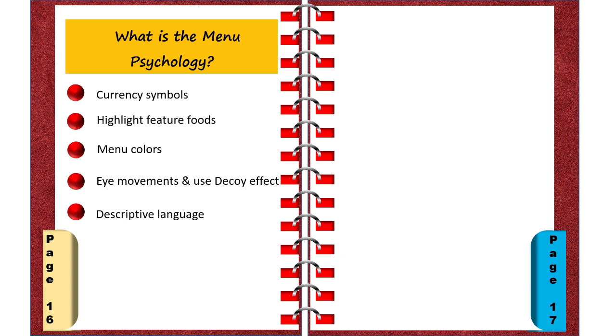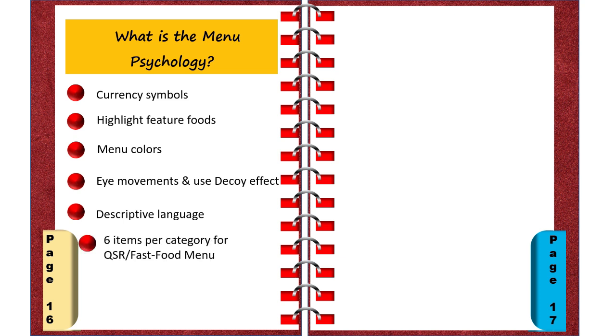Try to use language which is not going beyond the heads of the customer. Understandable, catchy words, people will automatically get attracted towards those dishes. So you have to think about the language. Right coinage of the words will also help in increasing sales and popularity.